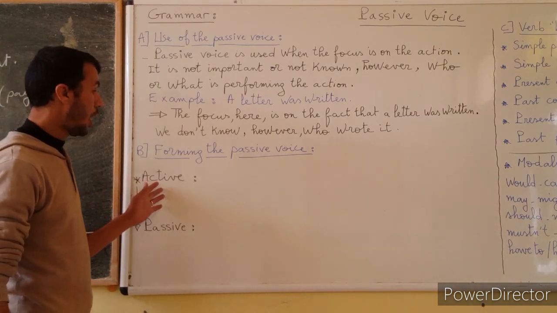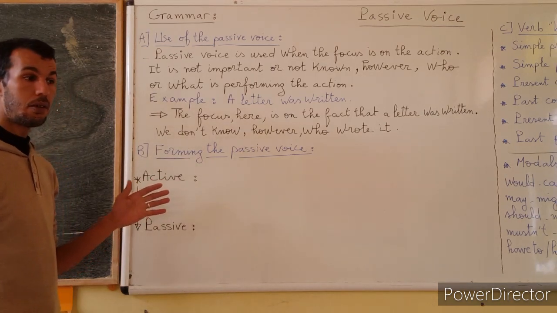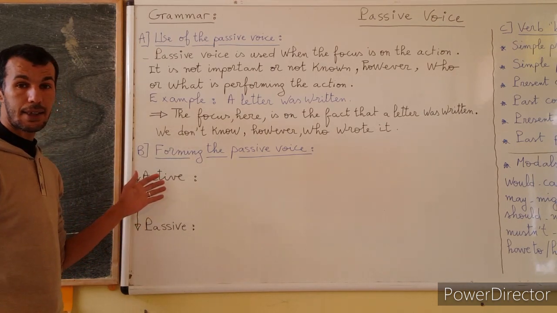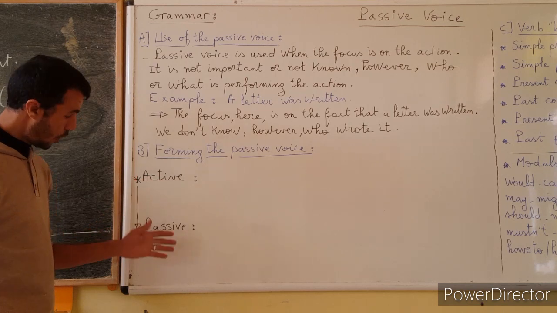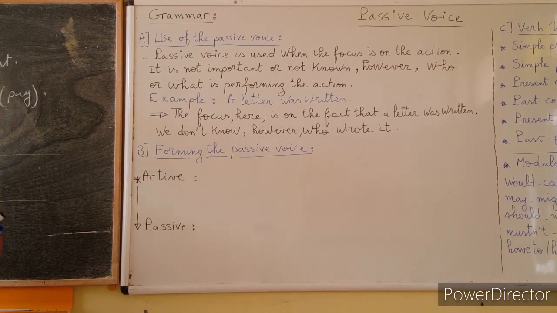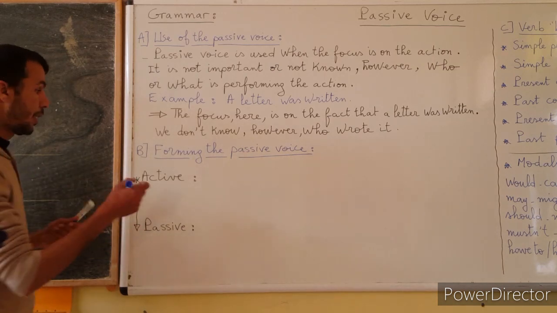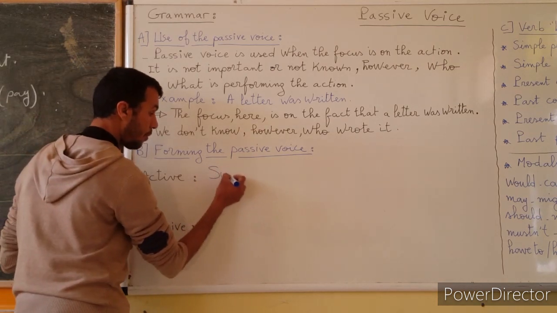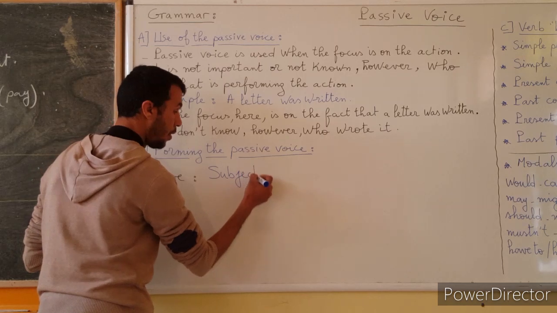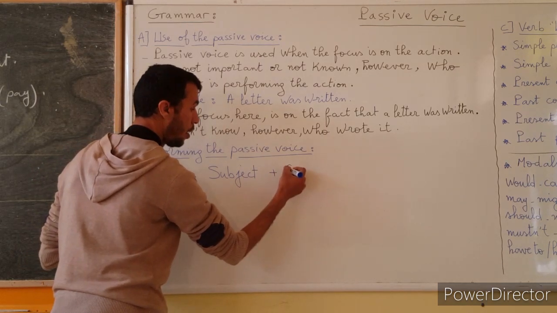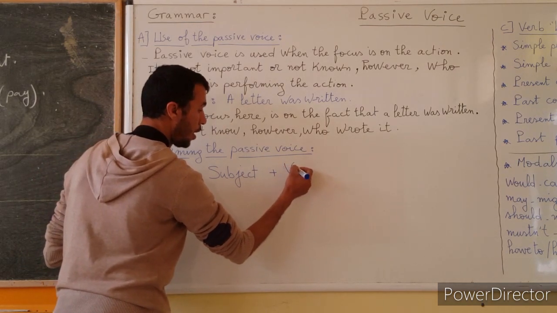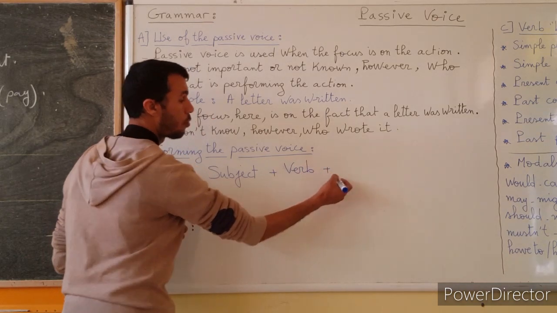Now we move to how we form a sentence, or how we rewrite a sentence from active to passive. Generally speaking, when we say active, it's always subject plus verb plus object.